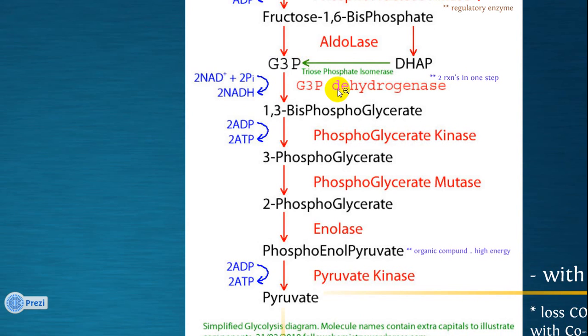Here we have an enzyme called G3P dehydrogenase. Remember from the rules, I said that dehydrogenase is a type of enzyme that will take a proton, an H+, from the compound and give it to another compound. So the dehydrogenase enzyme will take an H+ from the G3P and give it to the NAD+. Okay, so we will have 2 NADH.